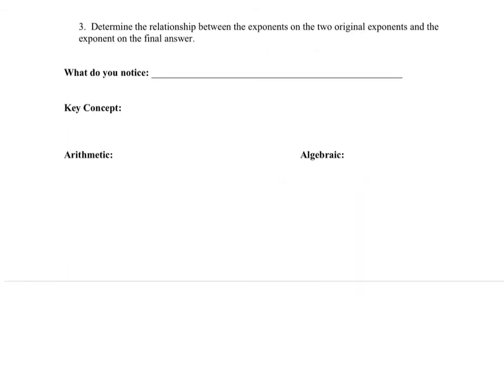So now let's determine the relationship between the exponents on the two original exponents and the exponent of the final answer. What did we notice we did? Well, we subtracted our exponents. They're like bases, and we subtracted the exponents. So we noticed that when we had like bases, we subtracted our exponents. So what is our key concept here?